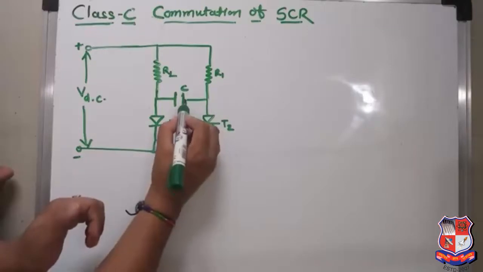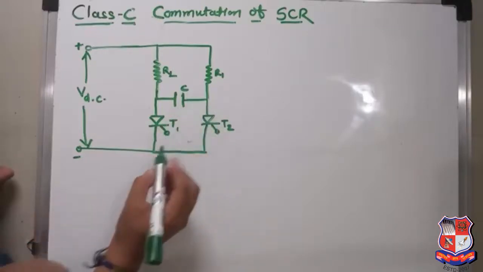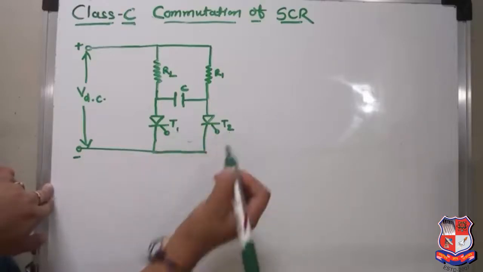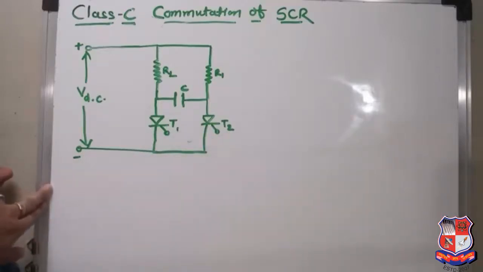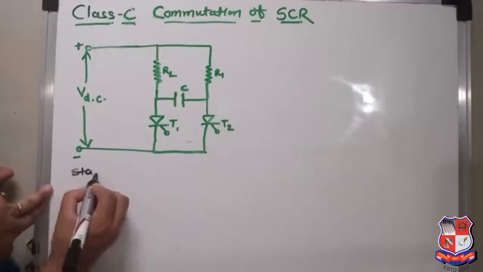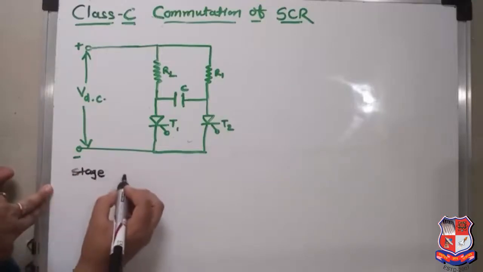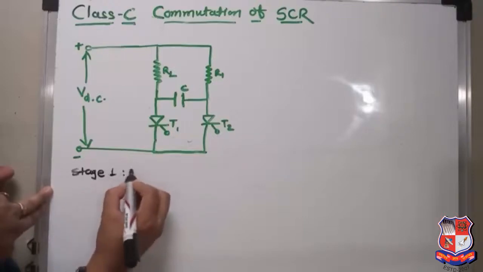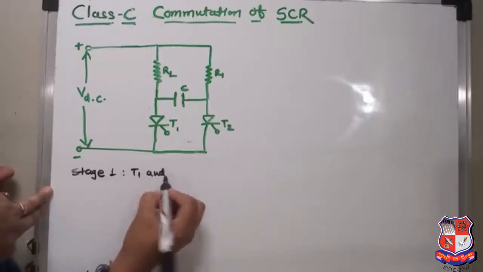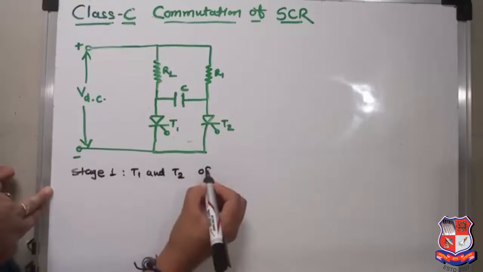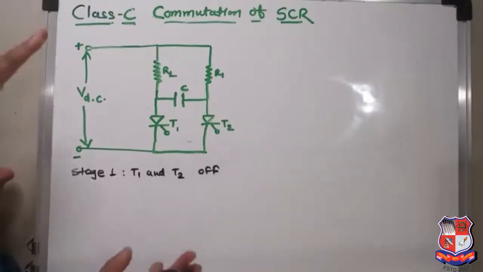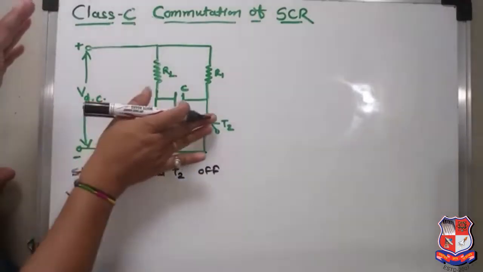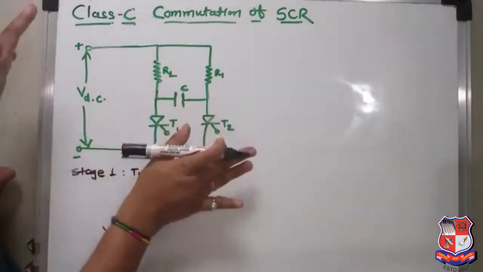Initially, in stage number 1, both the thyristors T1 and T2 are off. Initially both thyristors are off, so they act as open switches, meaning there is no conduction path.